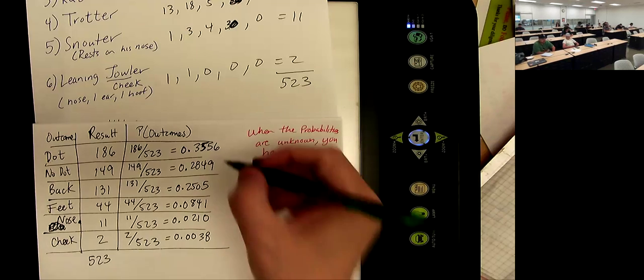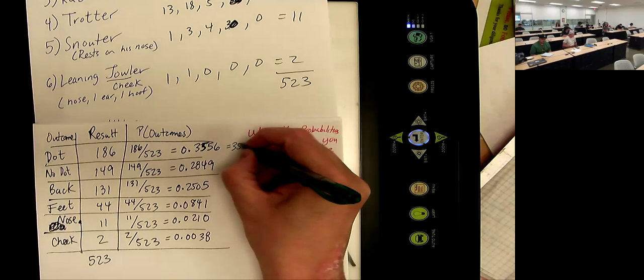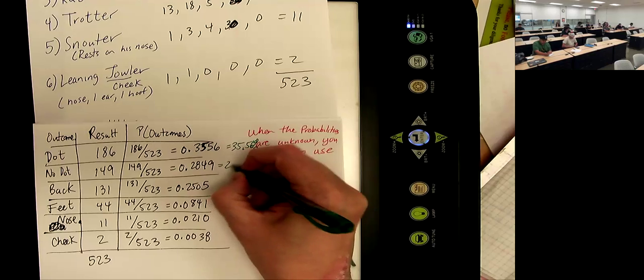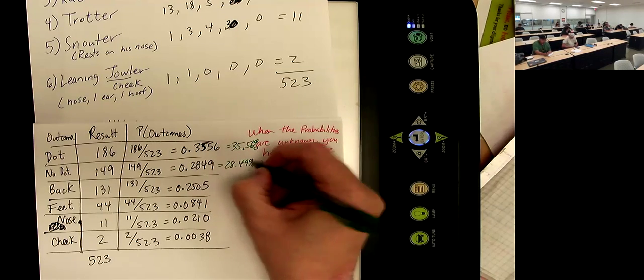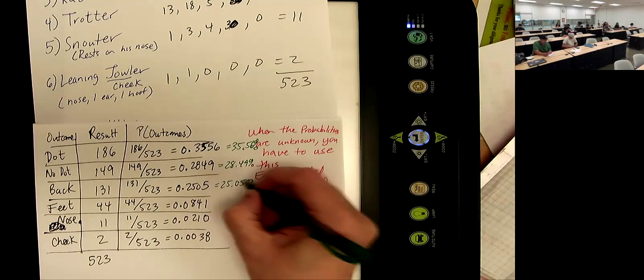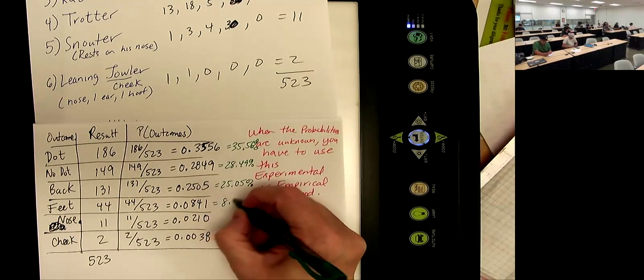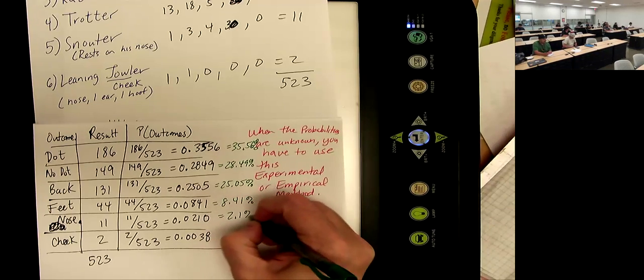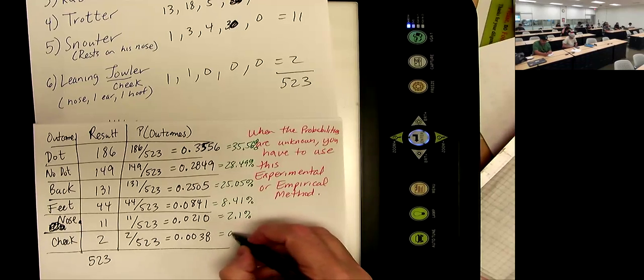So if you look at these as percents: 35.56%, 28.49%, 25.05%, 8.41%, 2.1%, and less than 1%.